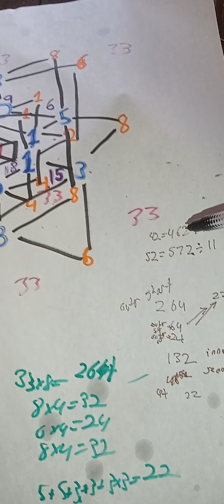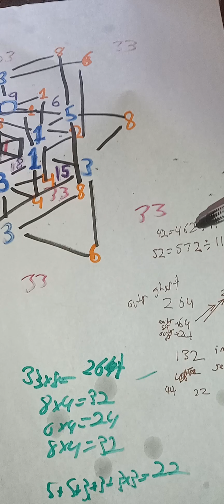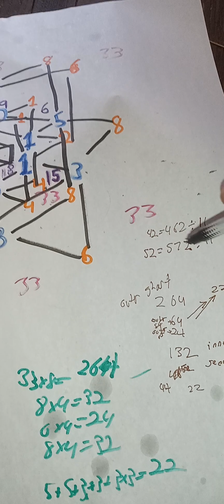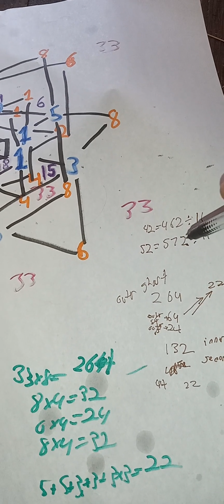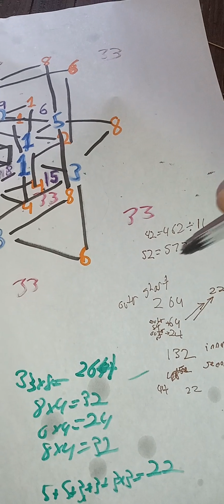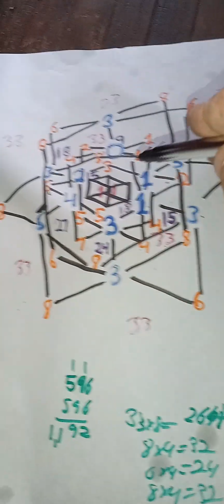11, the central ghost number, goes into the interior numbers 462, 42 times, and goes into the combined outer ghost number, or outer numbers, 572 altogether for the whole complete cube, 52 times.